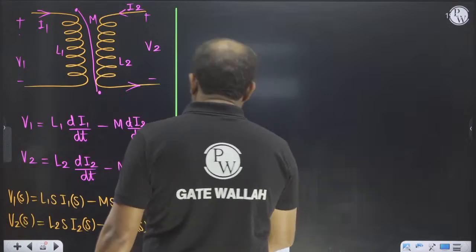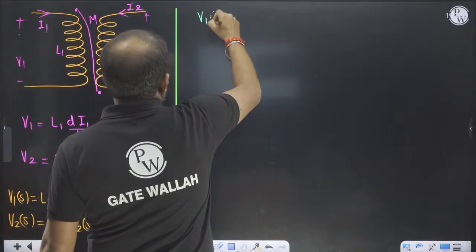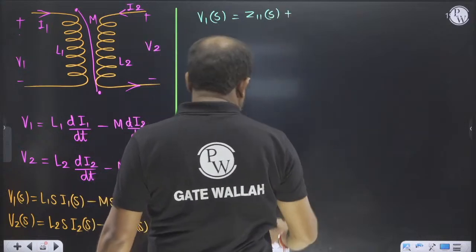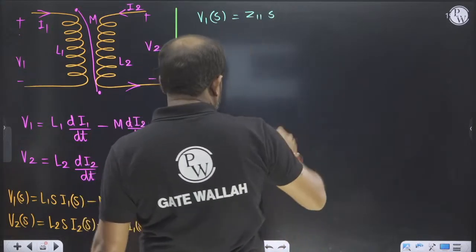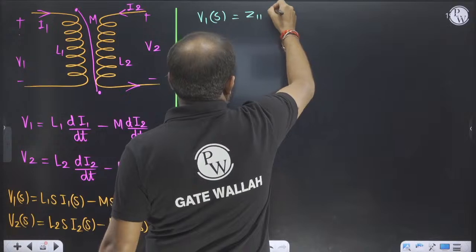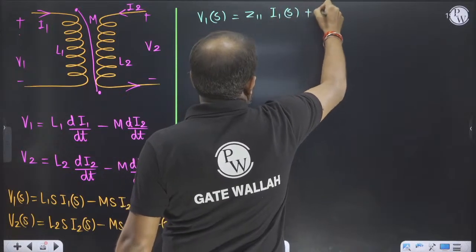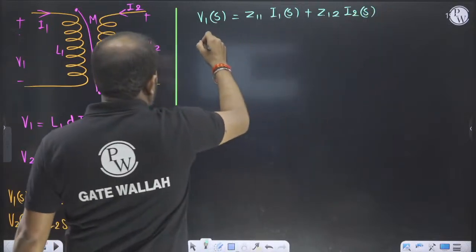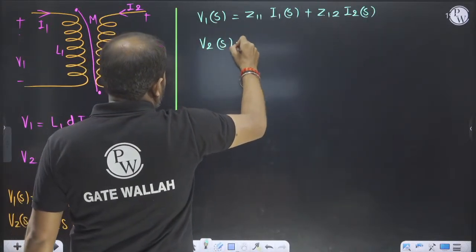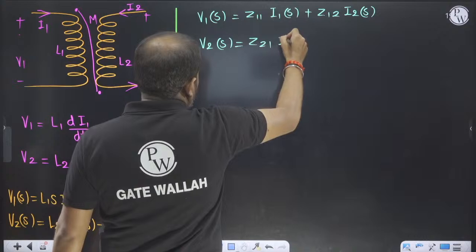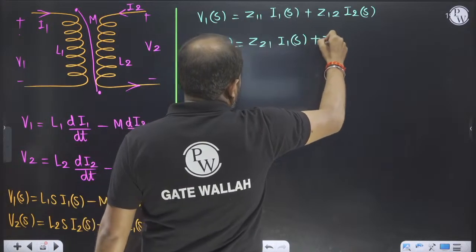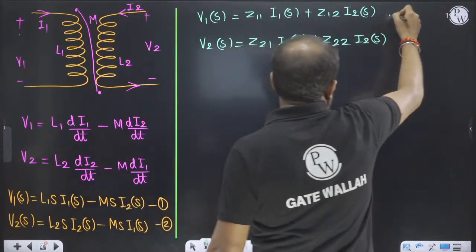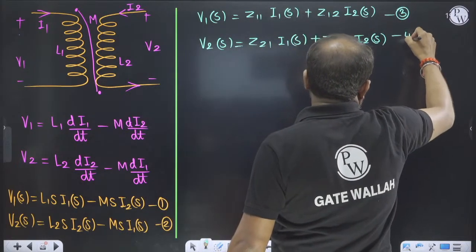Then we have V1(s) equal to Z11 into I1(s) plus Z12 into I2(s), and V2(s) equal to Z21 into I1(s) plus Z22 into I2(s). This is equation 3 and 4.